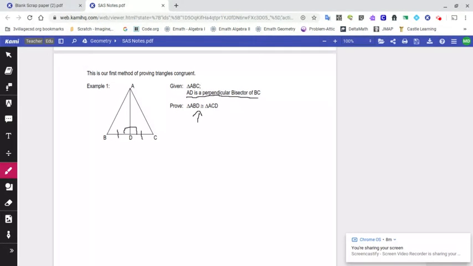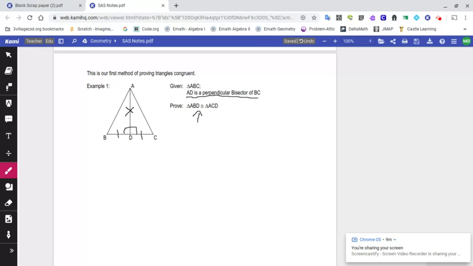Not only that, if I have a line segment, it's congruent to itself, or any angle is congruent to itself by this reflexive property. So what I can say is AD is congruent to itself by the reflexive property.